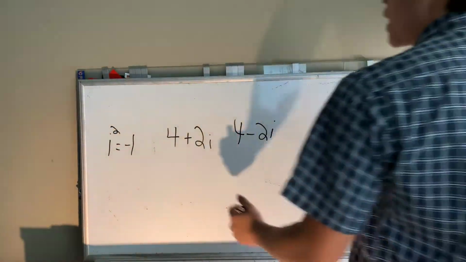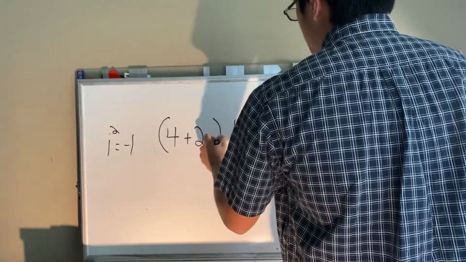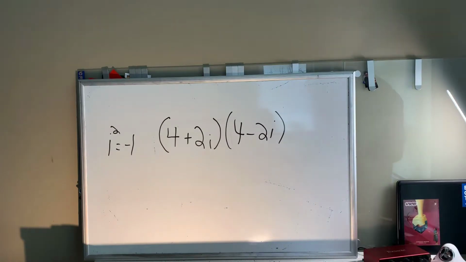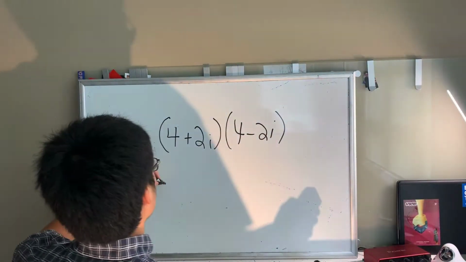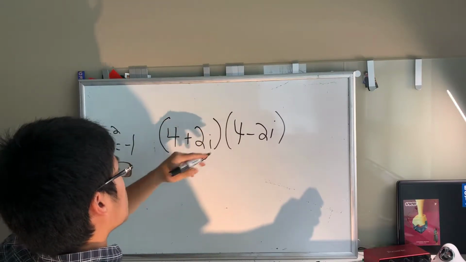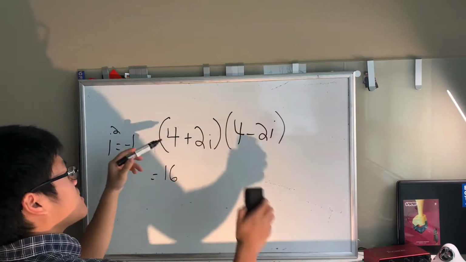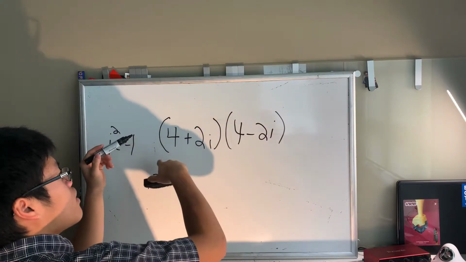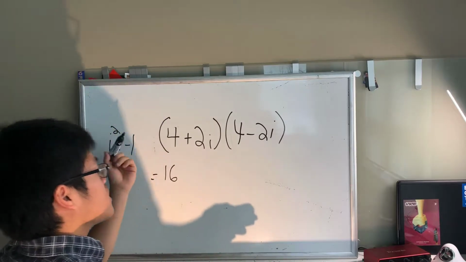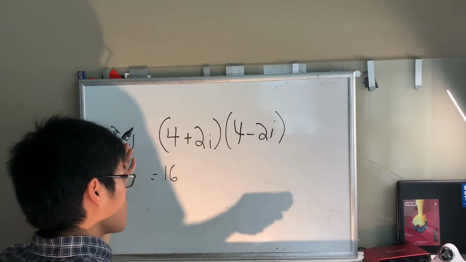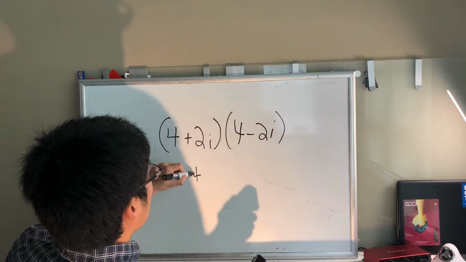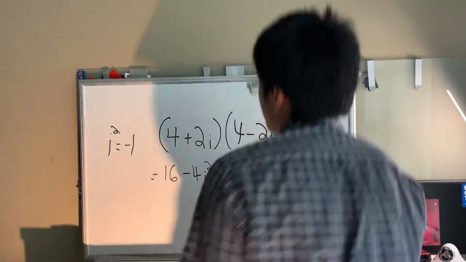When we multiply the conjugates of these complex numbers, we should get a real number. Let's try it out right now. So we got 16 by 4 times 4. I could already look ahead and see that 2i times 4 and 4 times -2i will be 8i subtract 8i, which cancels out to 0, so I don't need to include it. 2 times -2, -4i squared.